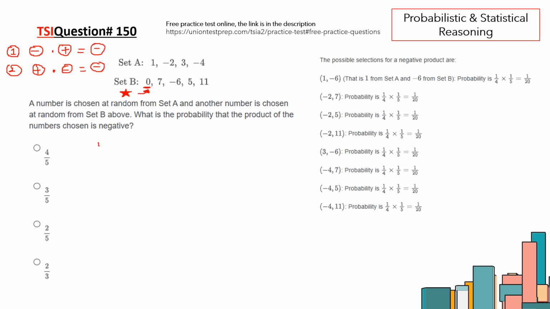Now case 1. If we choose a negative number from set A, the probability of choosing a negative number from set A will be 2 out of 4, which is 1/2.